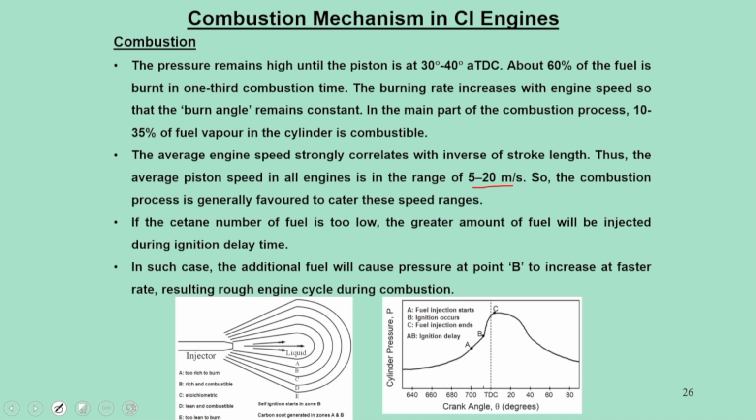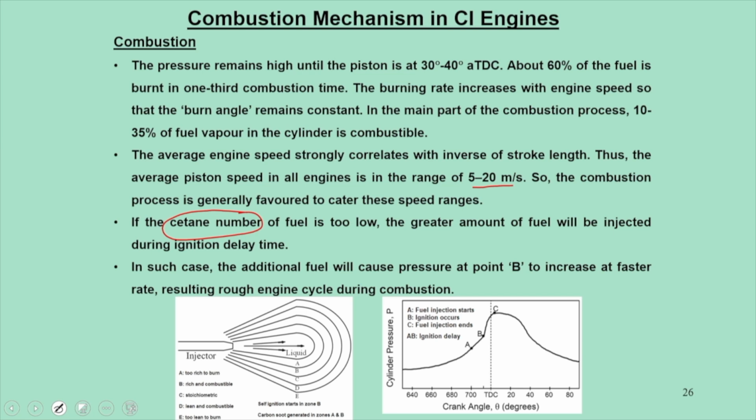Ultimately, the cetane number of the fuel is another characteristic of the fuel which talks about the effectiveness of a fuel in diesel engine applications, because the fuel has to ignite.